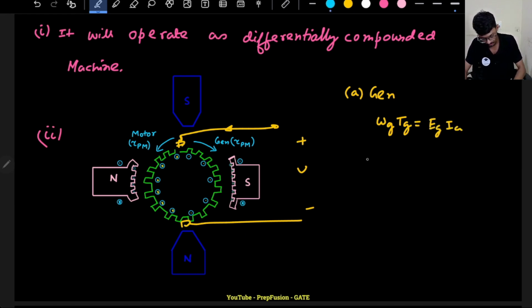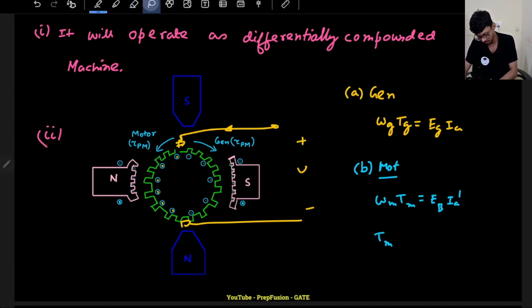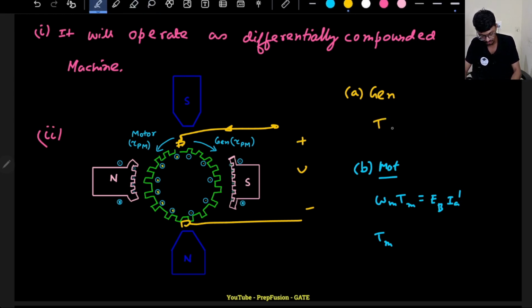In case of motor, it will be omega motor into torque of the motor equals Eb into Ia dash, right? Or basically, what is the direction of the torque? So let me not compare it like this, I can directly compare the torque. So torque of the generator will be proportional to the flux of the field into the armature current.